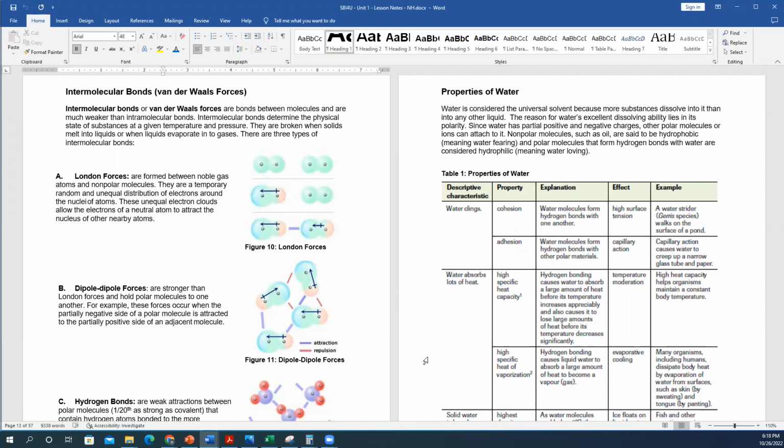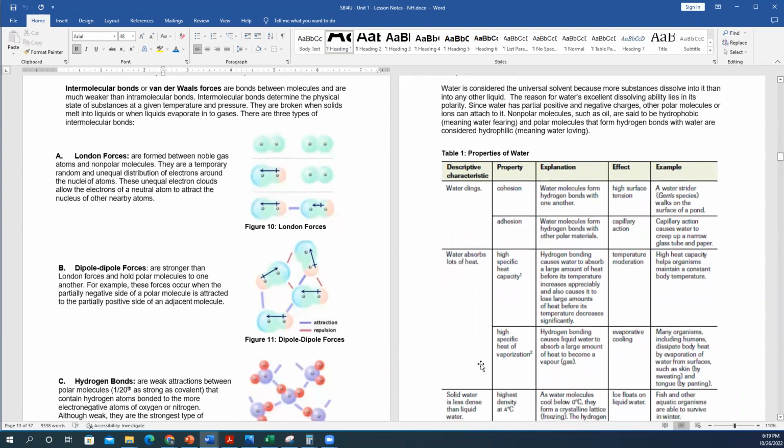This is due to it having polarity in the molecule. It has a partial positive and partial negative charge, and that is mostly the reason why it is such a good universal solvent.